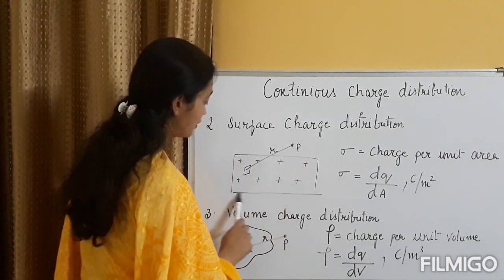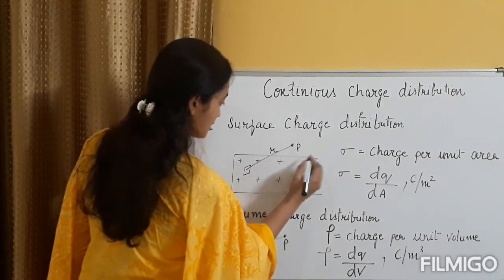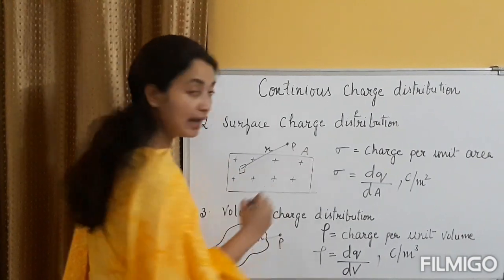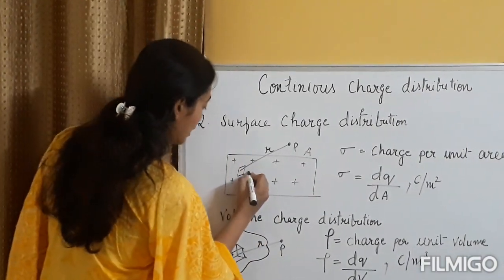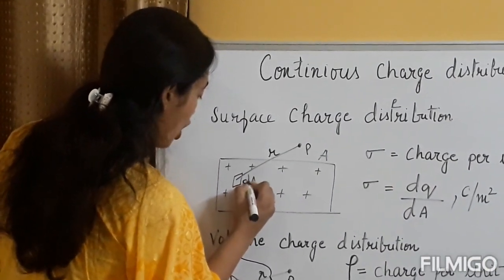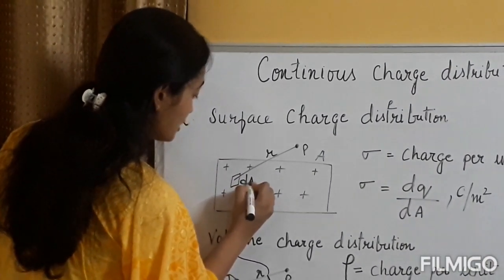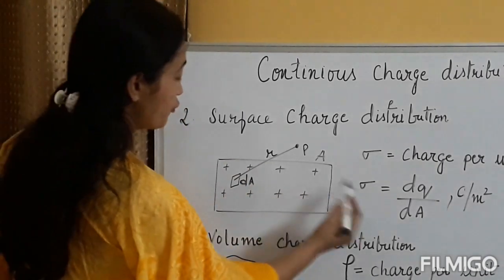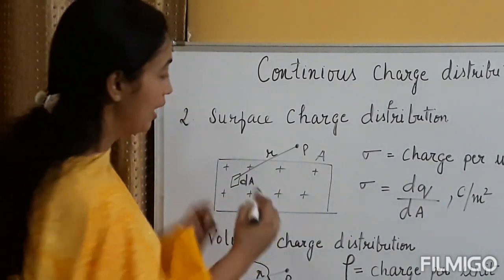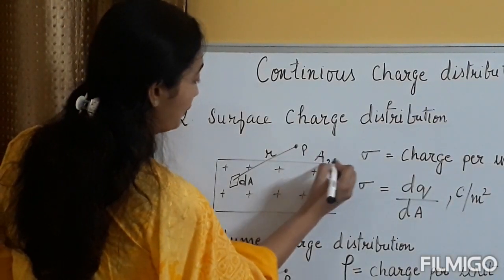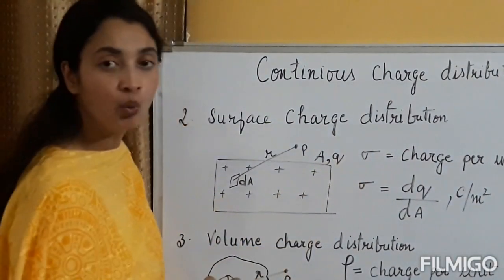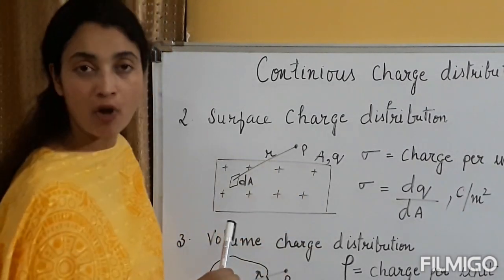Suppose I have this complete area A, this complete sheet represents an area A, out of which we have chosen a small area, we can call it dA. This is the small area chosen, which is dA. This complete sheet has charge Q distributed over it uniformly.